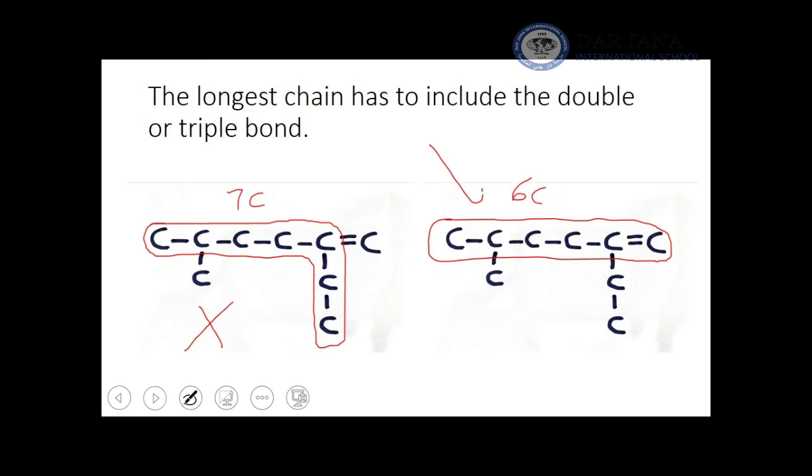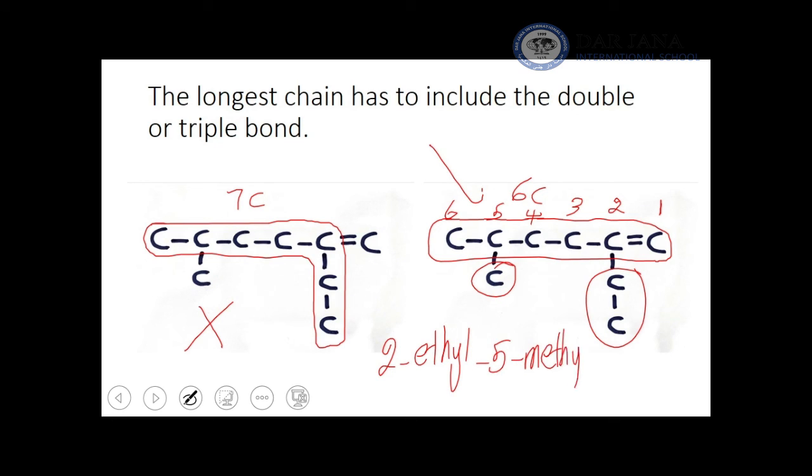Here the priority is for the double bond: 1, 2, 3, 4, 6. So on carbon number 2 there is an ethyl group, on carbon number 5 a methyl group. So the name of this molecule is 2-ethyl-5-methyl-1-hexene.